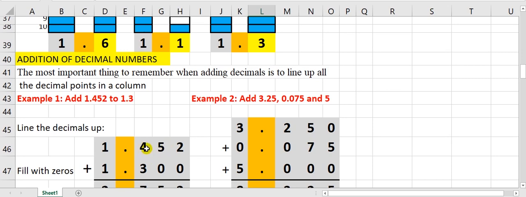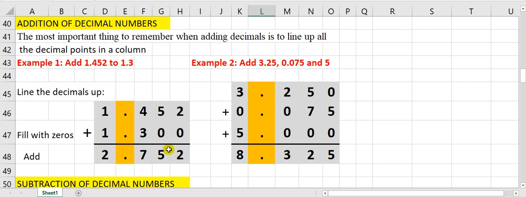Here is 3 decimal places, here 1. So I want to make this like this. So I will add two zeros here. Then I add 2 plus 0 equals 2, 5 plus 0 equals 5.